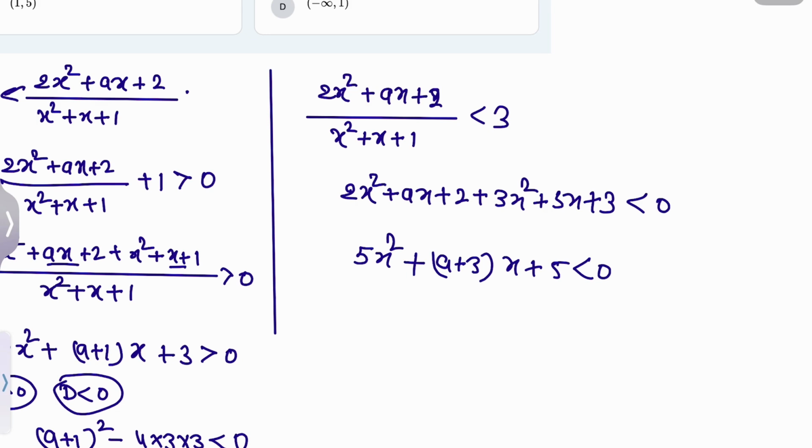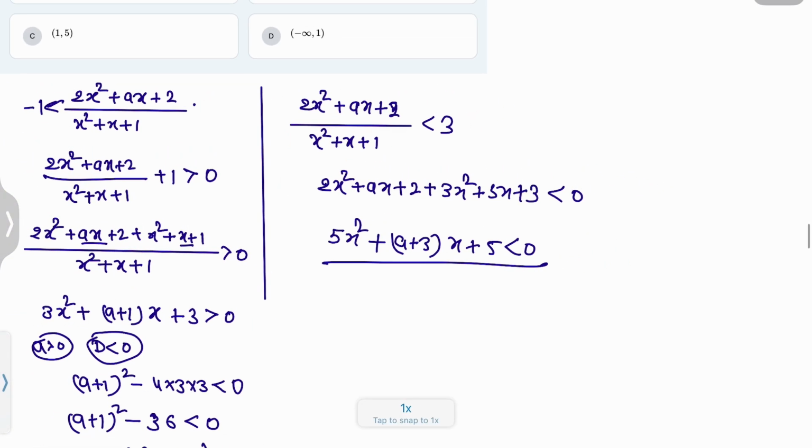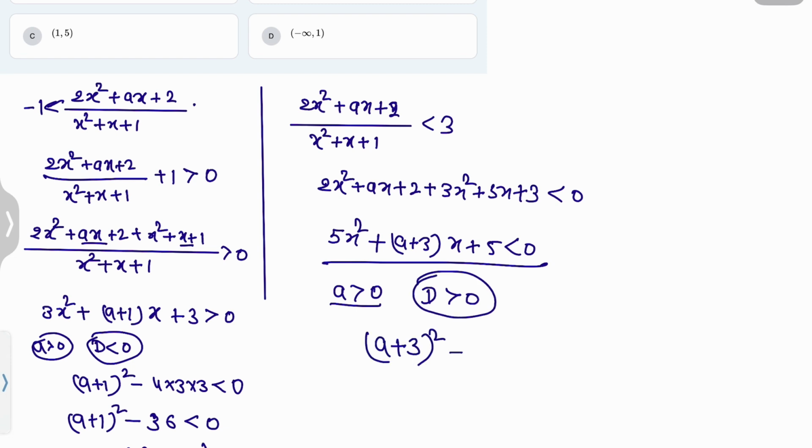So check the same D: any quadratic less than 0, then the condition is a is greater than 0, and D is also greater than 0, right? So D is (a plus 3) whole square minus 4 times 5 into 5 greater than 0. Okay, so check that condition.